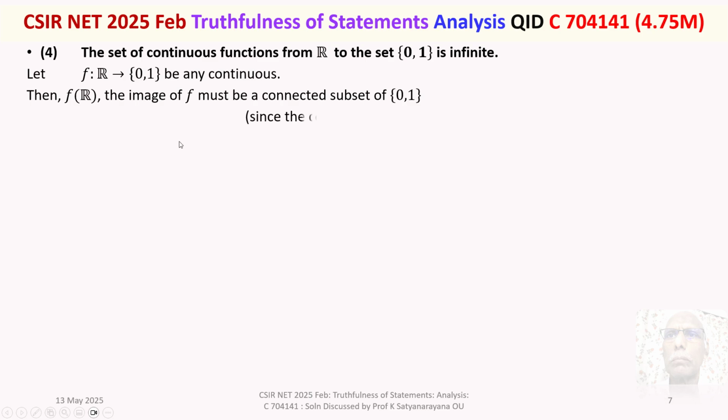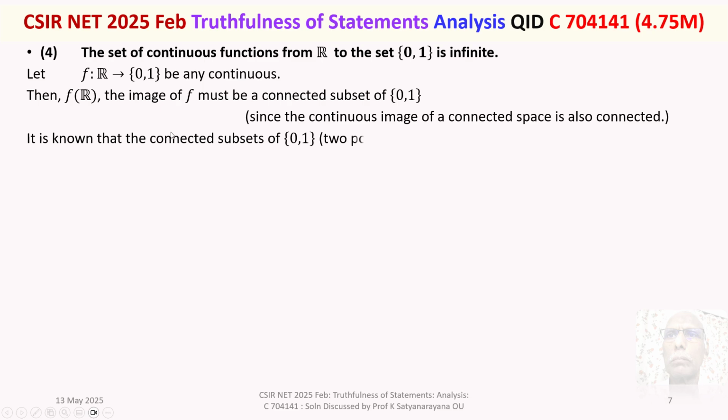Why does this happen? Because the continuous image of a connected space is also connected. f is continuous, R is connected, so f of R is also connected. But it is known that the connected subsets of the 2-point discrete space {0, 1} are singleton sets, that is singleton 0 and singleton 1.